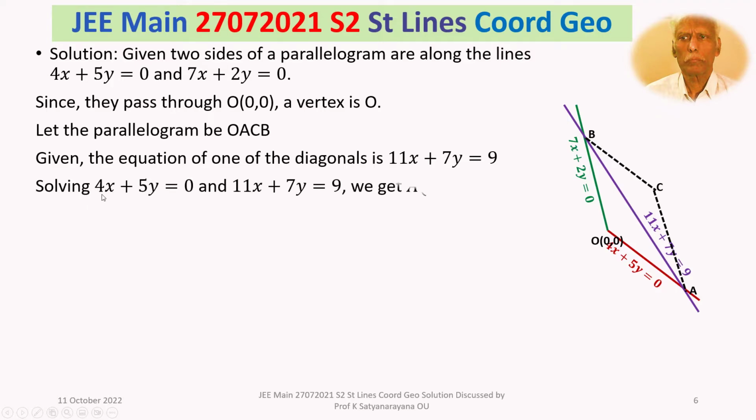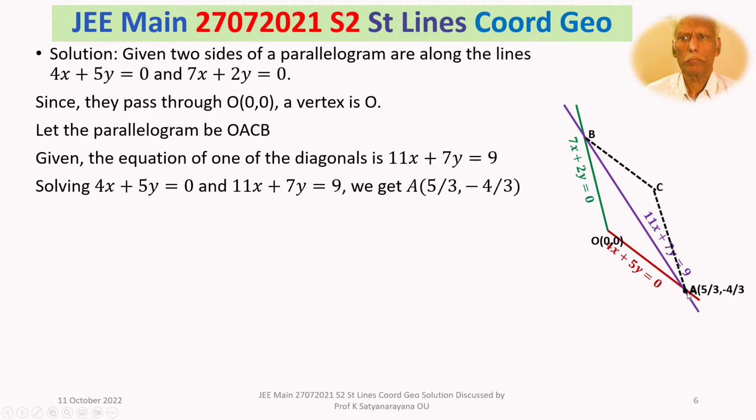Solving 4x + 5y = 0 and 11x + 7y = 9, we get the coordinates of A as (5/3, -4/3). You have to solve these two equations, and it is left to you. The point A is here with coordinates (5/3, -4/3).